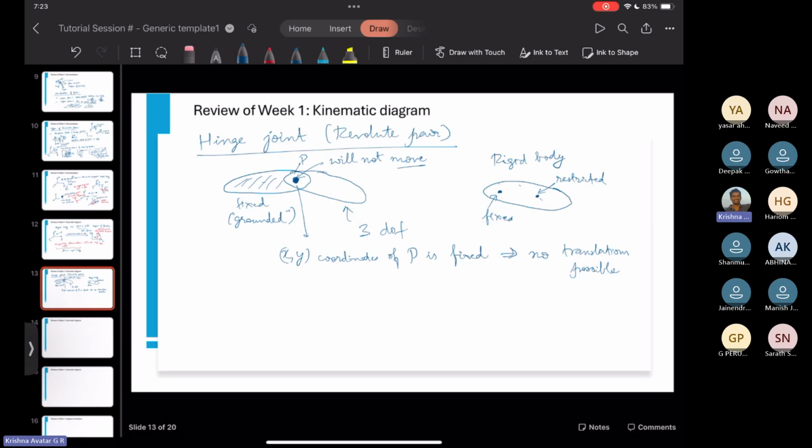So if no translation is possible, then Deepak, what's left? Yes. So then what only will be left? Rotation will be possible. So only rotation possible, which makes it degree of freedom 1.